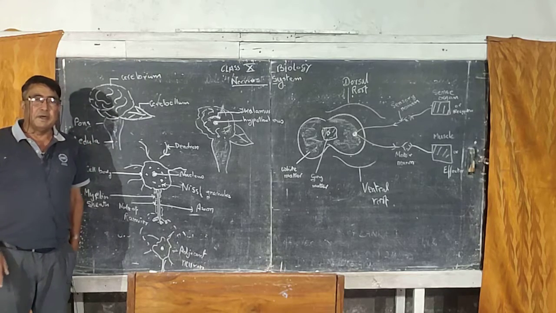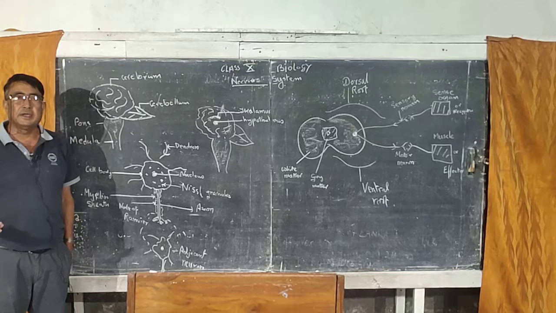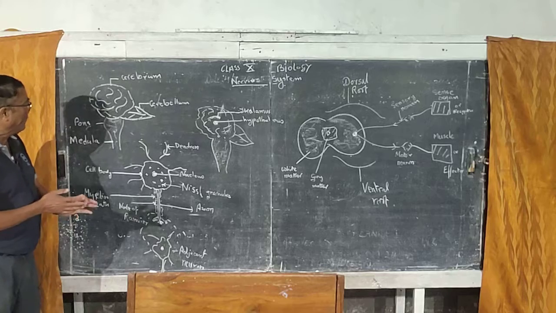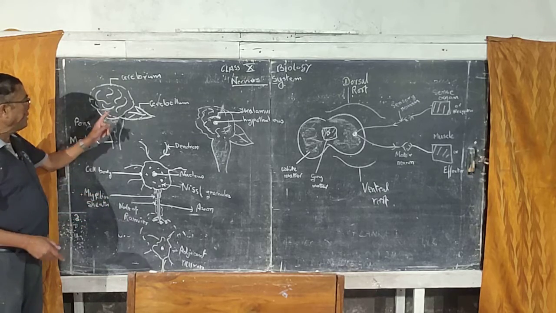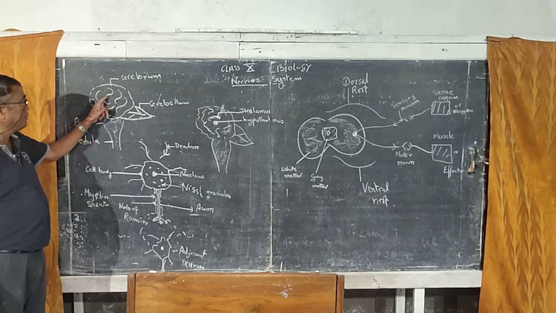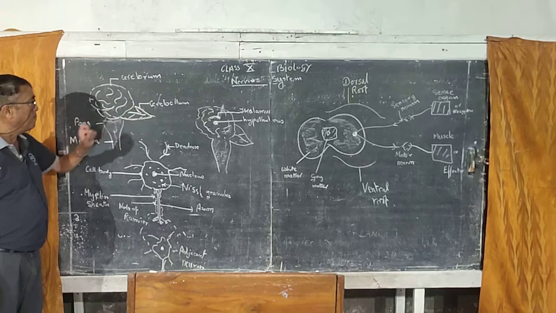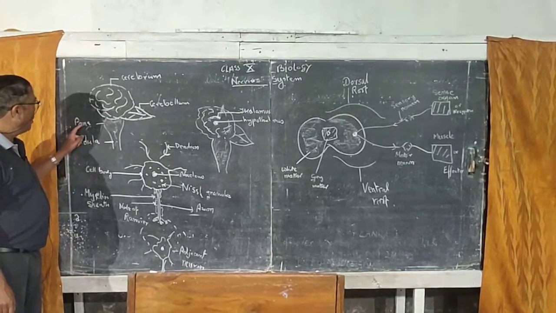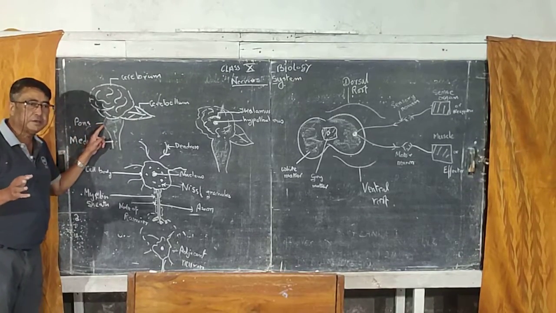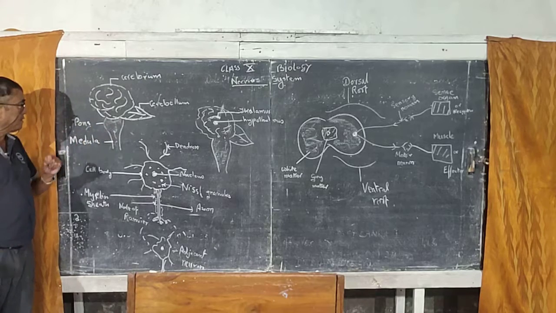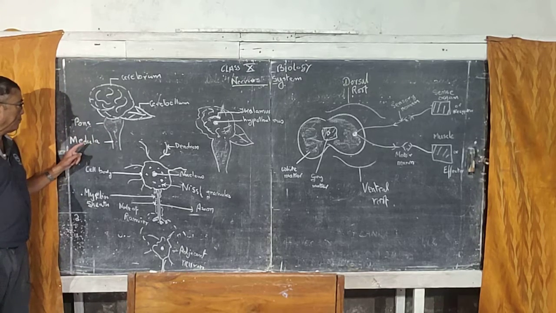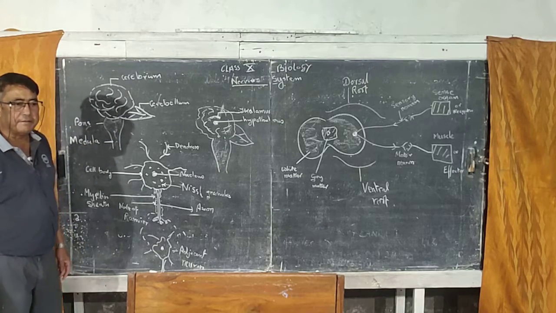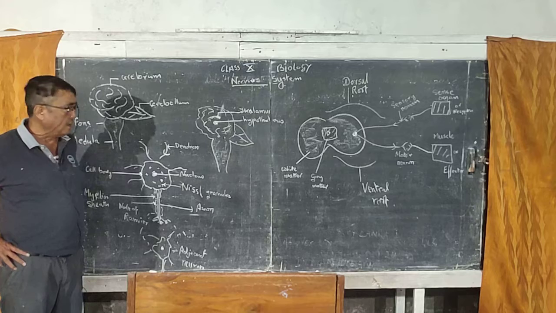It's the lower part of the brain. It controls the working of the heart and the lungs. So overall, the cerebrum controls all voluntary action. The cerebellum maintains the balance of our body. The pons coordinate the muscular organs on the two sides of the body, and the medulla, the lower part of the brain, controls the working of the heart and the lungs.